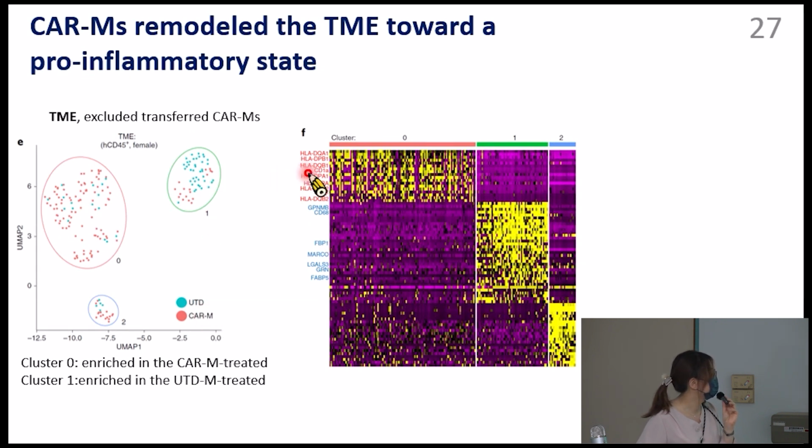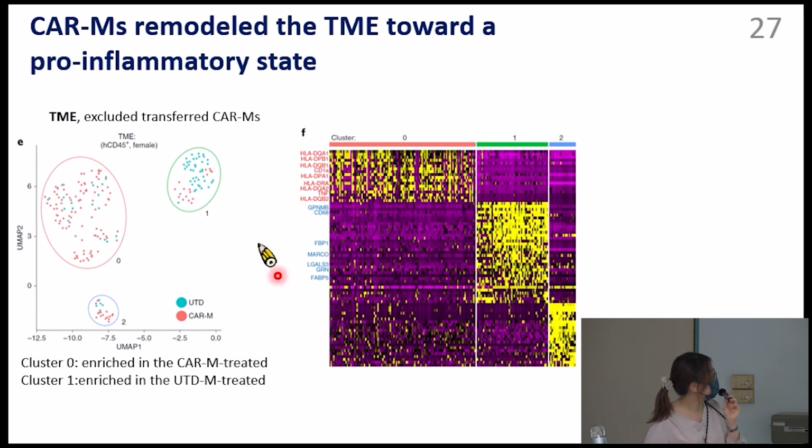And they found that if they put the CAR macrophage in there, the tumor microenvironment can express several MHC that are different from the control cluster.